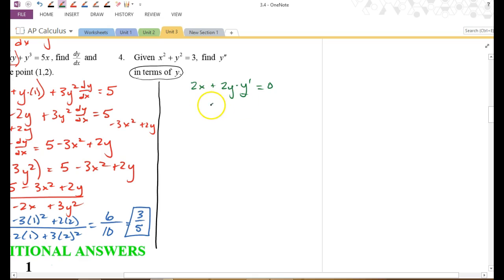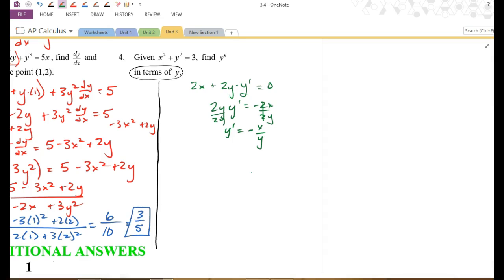Okay, so I'm going to subtract the 2x, divide by 2y. So my y derivative is going to be, let's see, the 2's cancel, and I have negative x over y, excuse me.